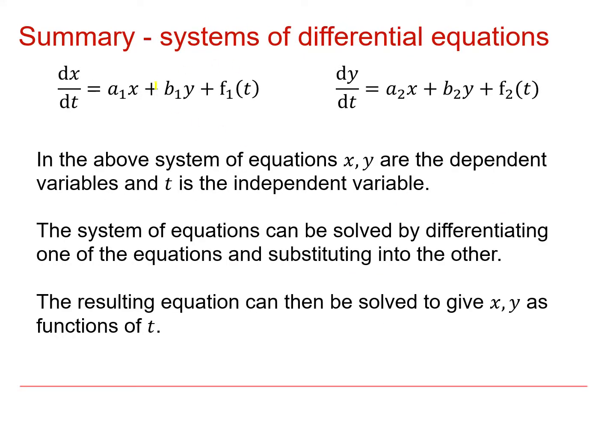So in summary then, if we've got a system of differential equations, and they could be of this form, where we've got dx by dt is some multiple of x plus some multiple of y plus some function of t. We haven't looked at an example with that, but it can be that complex. And a similar sort of expression for dy by dt. So in that situation, x and y are the dependent variables, and t is the independent variable.